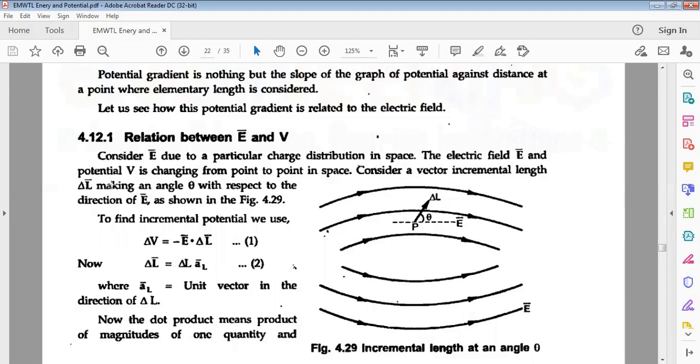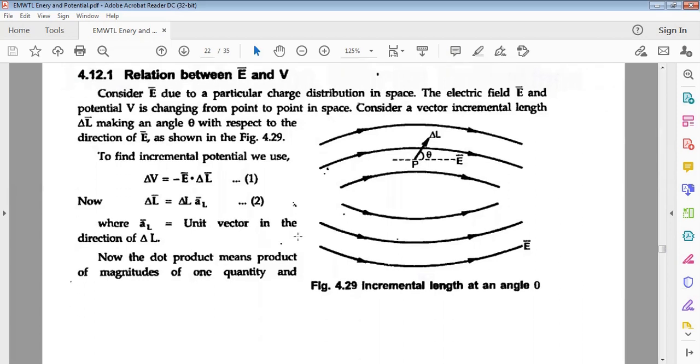Consider a vector incremental length delta L bar making an angle theta with respect to the direction of E bar. To find the incremental potential, we use the formula we already know: delta V is equal to minus E bar dot dl bar. Delta L bar is along the direction of L bar, so delta L bar is delta L into L bar, where L bar is a unit vector.